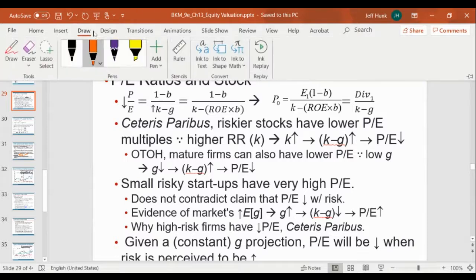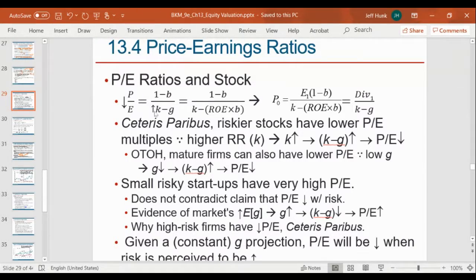We are assuming that the required return goes up while growth rate is a constant. What's going to happen to the denominator? In this formula, as K goes up, cost of capital goes up, the whole denominator will go up.